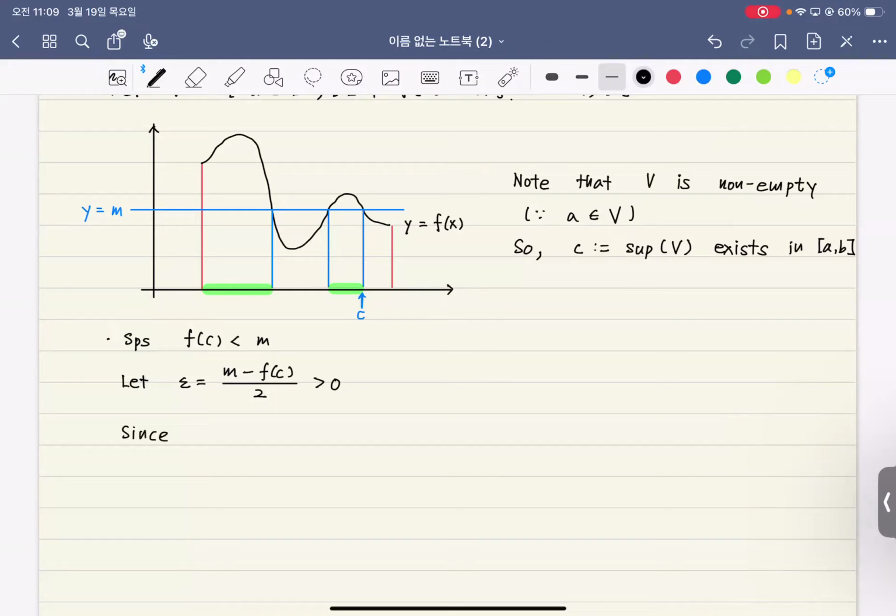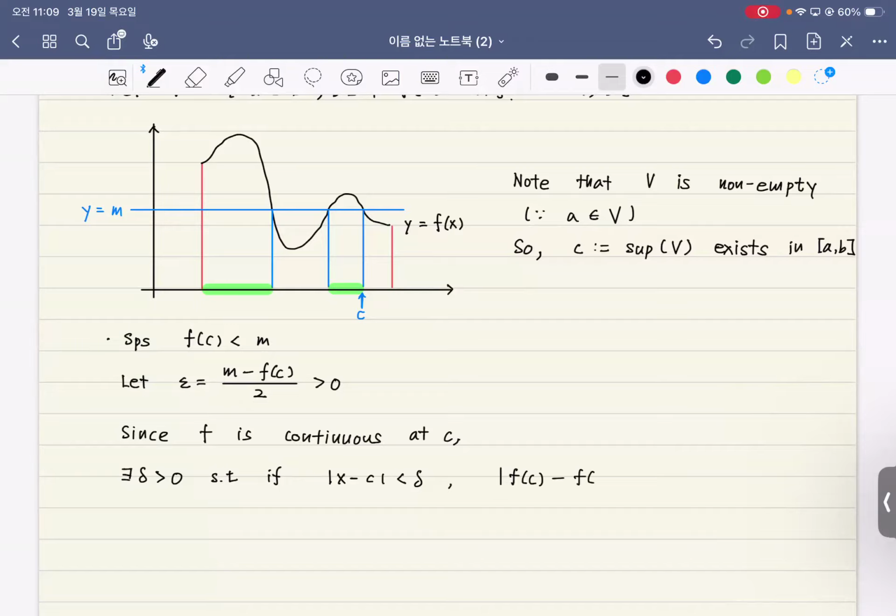Since f is continuous at c, there is a positive real number delta such that for any x in the delta neighborhood of c, the absolute value of f of c minus f of x is less than epsilon, right? So this is our definition.